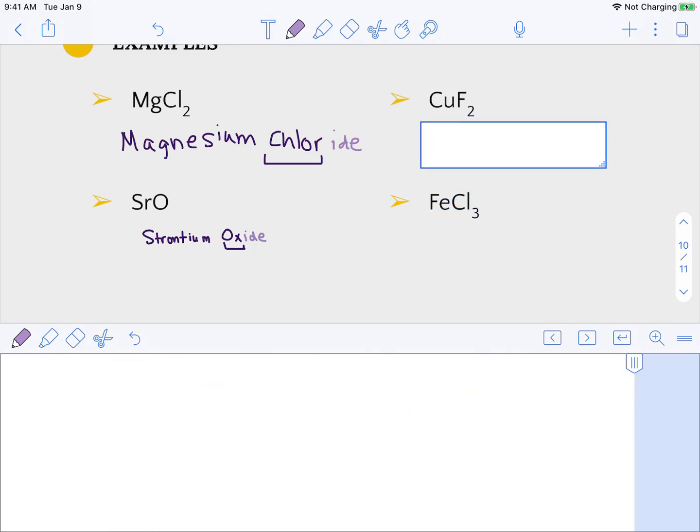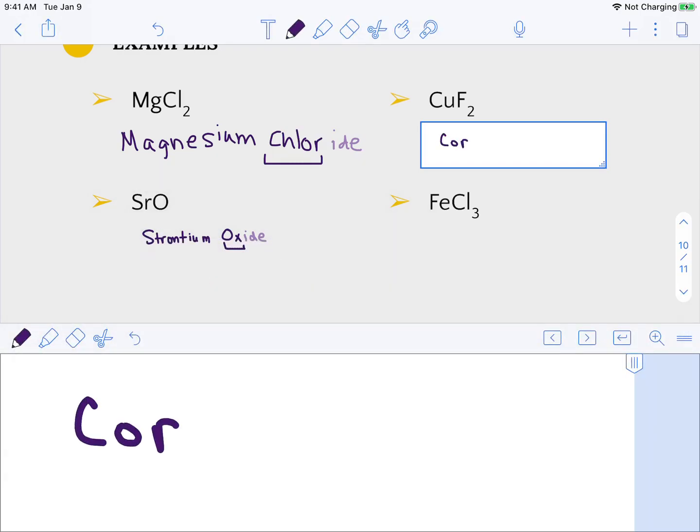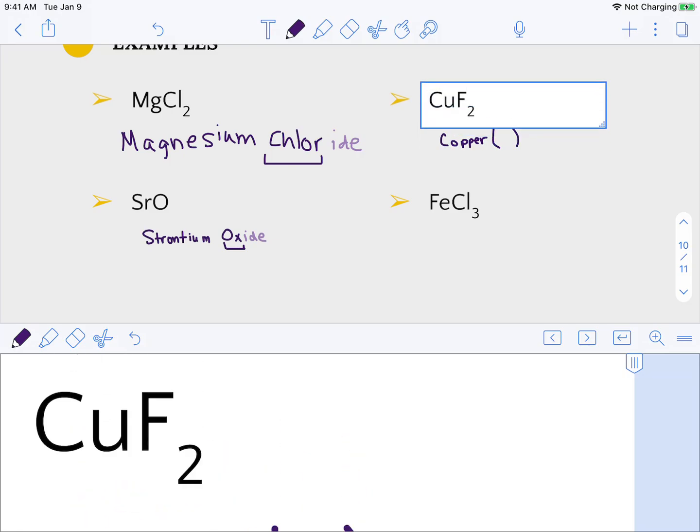Okay, these are a little harder. We have copper. But we're going to put a Roman numeral in here. The way that I determine what Roman numeral goes there has everything to do with whatever's on your anion, whatever value is there.